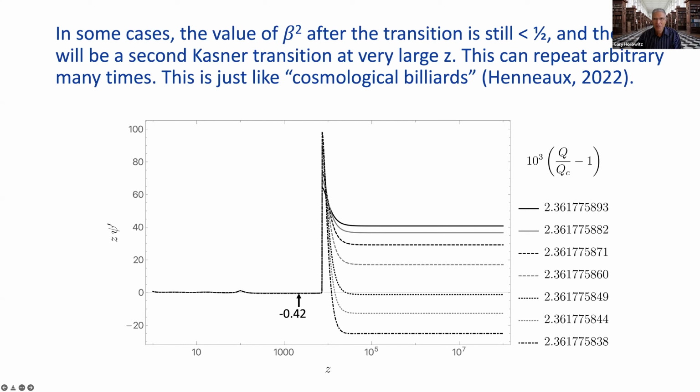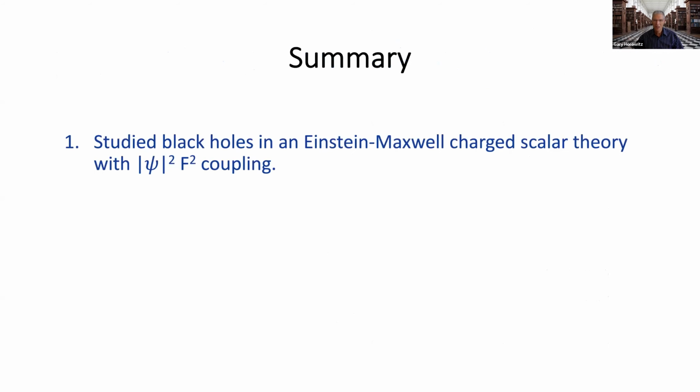That had not been studied before for charged scalars and Maxwell fields. We're finding something similar inside these black holes, and Mark Henneaux confirmed that that is indeed similar to what was happening in the other story.